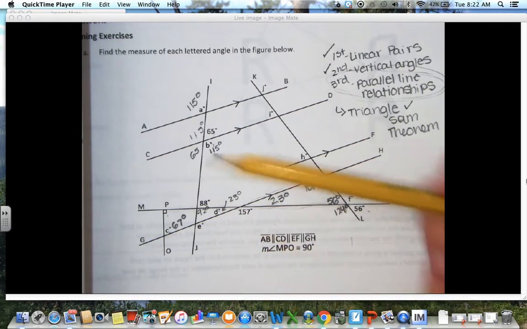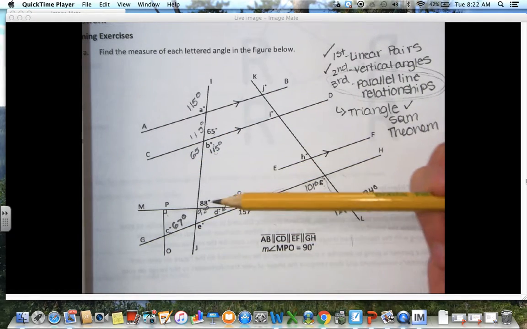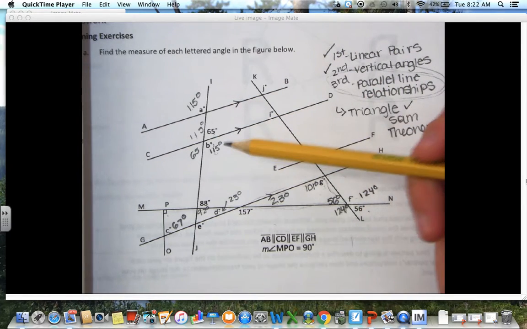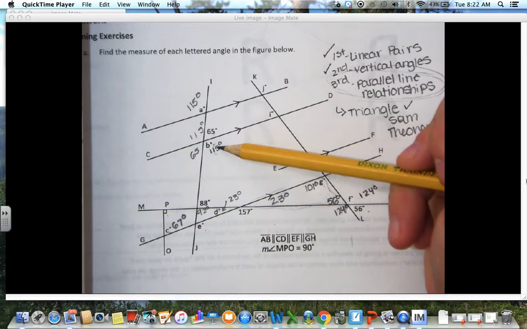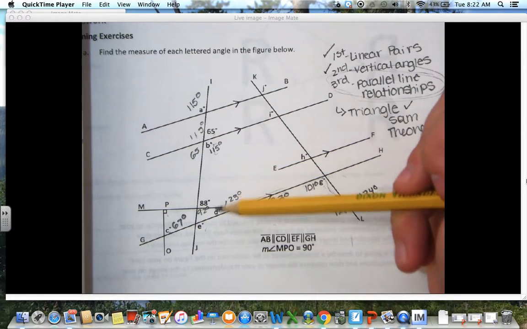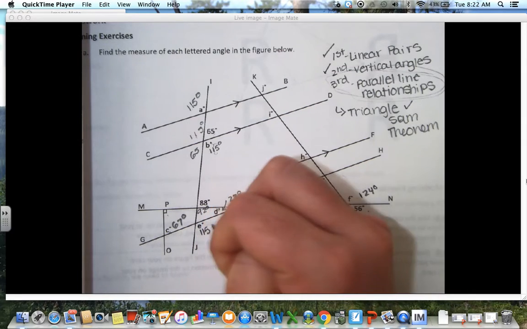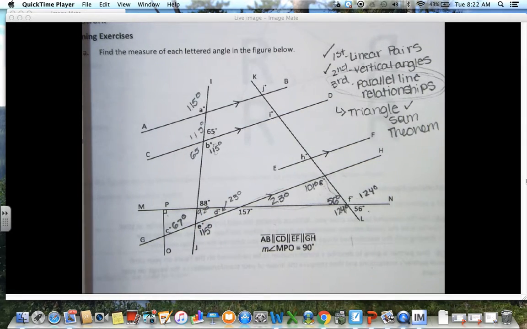And AB. So, what is happening is that we have another set of corresponding angles. Angle B corresponds with angle E, which means angle E is also 115 degrees.